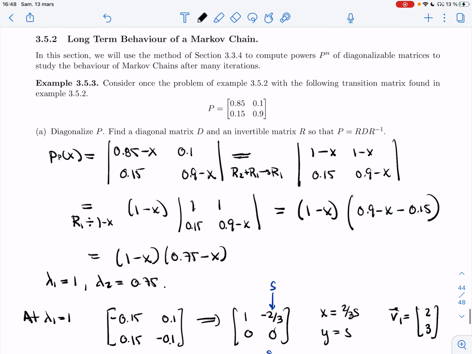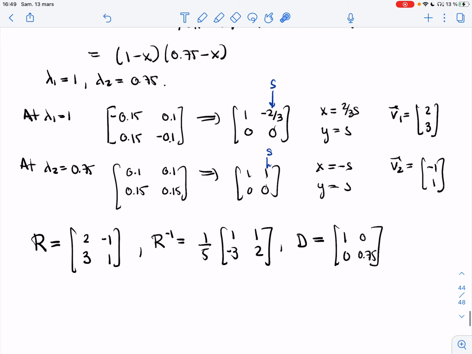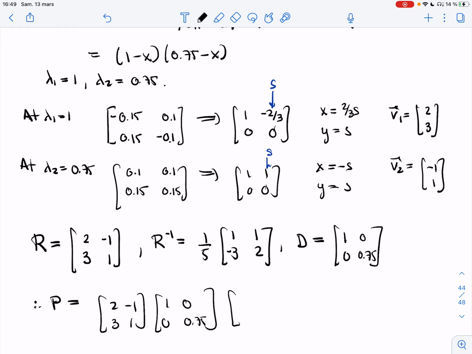All right, so we've done this part. P is equal to R D R inverse.